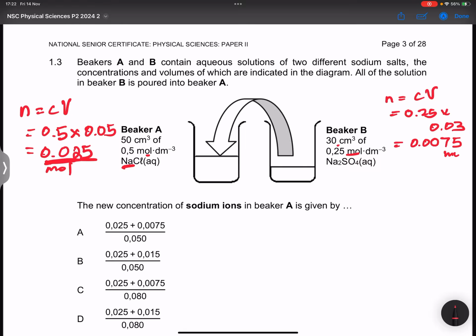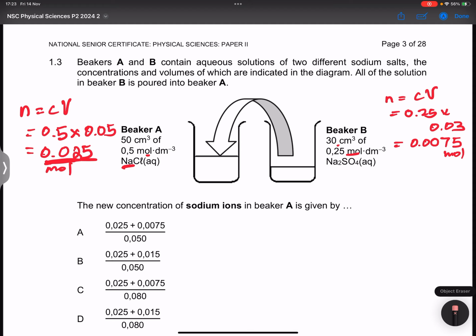that will give us 0.0075 moles. But remember, those are the moles of sodium sulfate. But what do you notice? For every one sodium sulfate molecule, there are two sodium ions. So in that case, the number of sodium ions will be 2 times the number of moles of sodium sulfate.